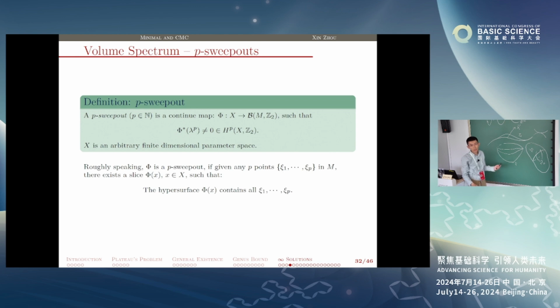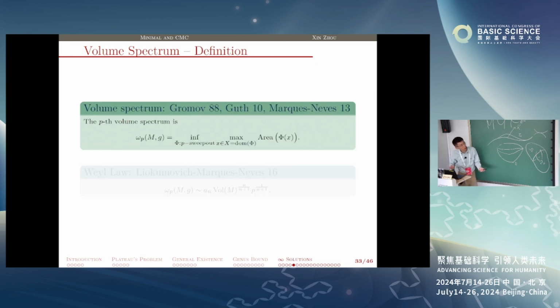You may ask whether you can find that. In particular, I have no restriction on the topology of this hypersurface. I can pick them to be parallel hypersurfaces. So given a point, I pick a surface. So I'm always able to produce such non-trivial p-parameter families. Okay. So this is kind of RP^k inside RP infinity.